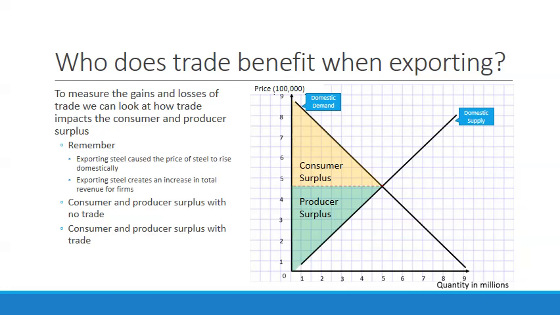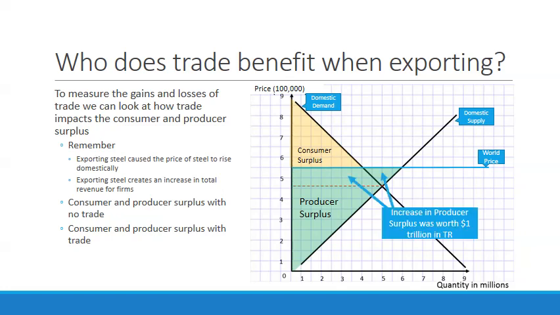Now, the consumer and producer surplus with trade looks like this. Notice that when we trade, the consumer surplus falls, whereas producer surplus increases fairly significantly, to the tune of $1 trillion in total revenue.